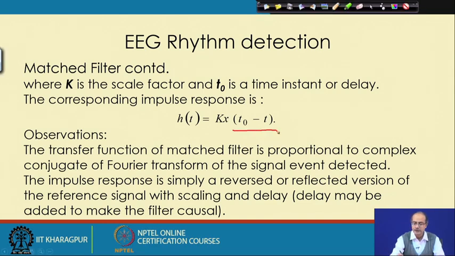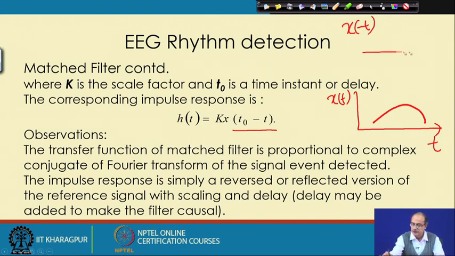Earlier it was a function of t, now it becomes a function of minus t. If we have a waveform like this for x(t), then x of minus t would be just the opposite, something like this. This direction is minus t.